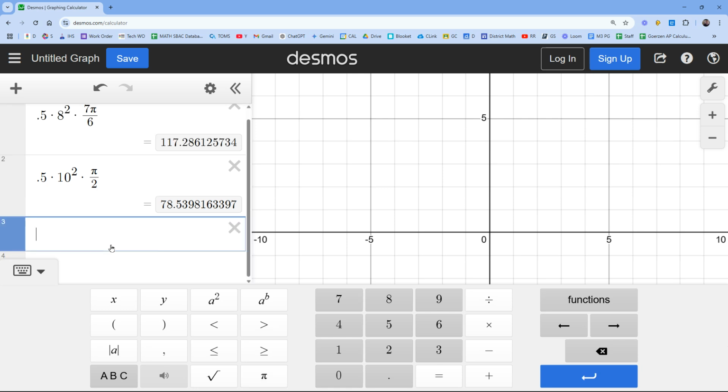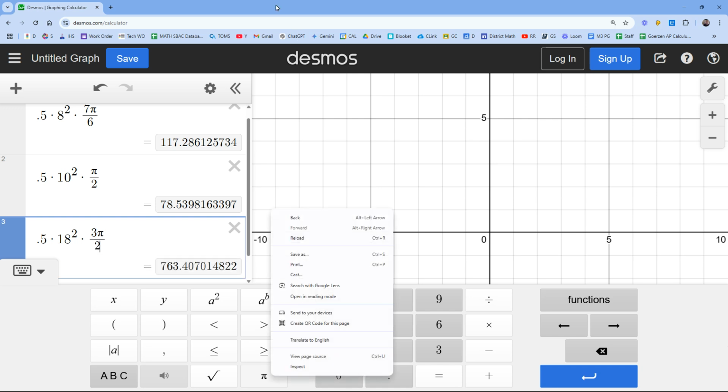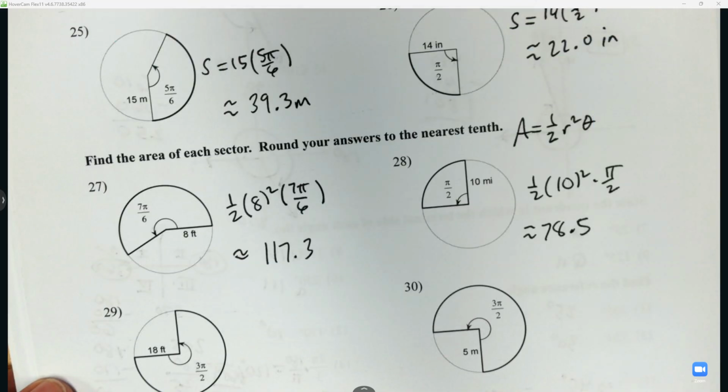For number 29, again, the radius is 0.5. The formula is 1/2 times the radius squared times the angle, which is 3 pi over 2. And I'm also writing it down as I'm doing that.